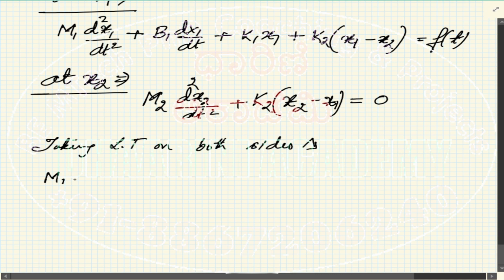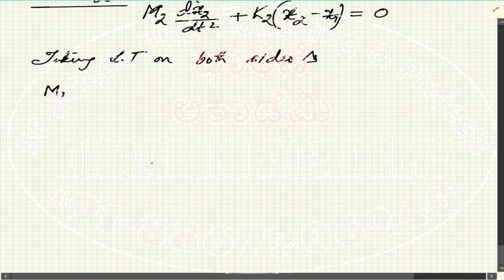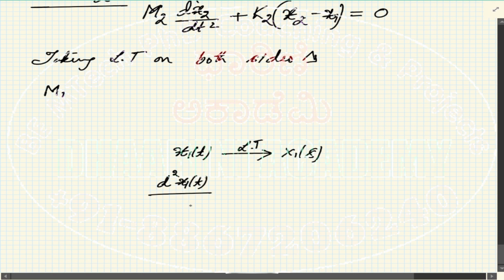We are applying the following rule, a specific property in Laplace. If x1 of t has the Laplace transform x1 of s, do you remember what happens to d square of x1 of t over dt square? If I differentiate the function in the time domain, what happens in the s domain?